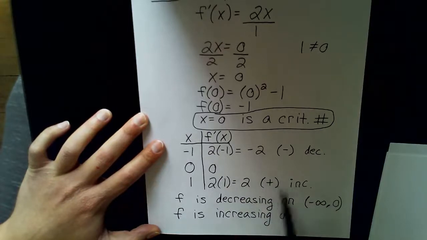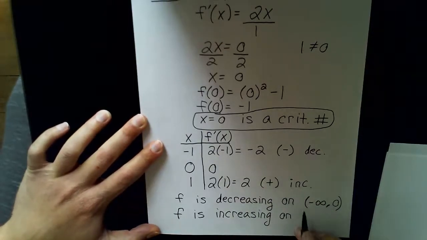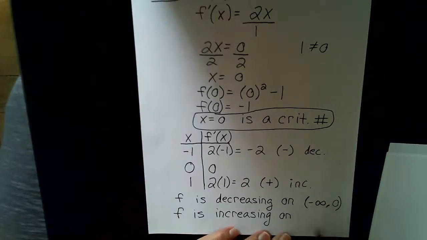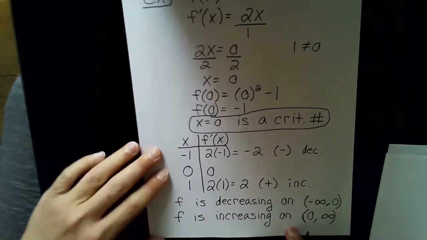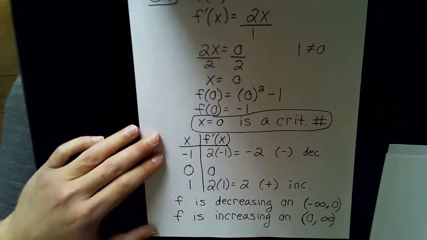That means the function is increasing. So in this case, we start at 0, not including it, so we put a parenthesis, and we continue all the way to positive infinity because every number to the right of 0 tells us f is increasing.